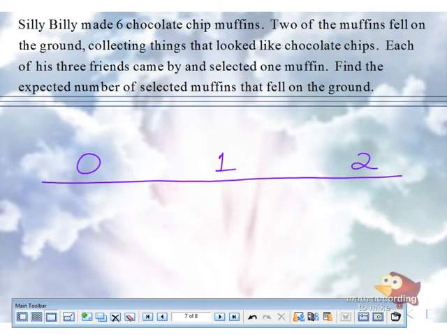So this is similar to what we did with the previous Silly Billy problem. Let's do the probability first. What's the probability that none of the muffins selected fell on the ground? So remember what we did earlier? We had bad muffins and we had good muffins. The combinations.